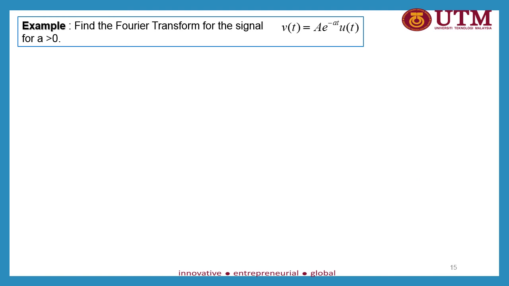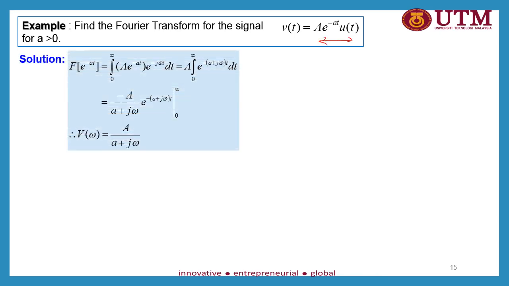Okay, let's have another example. Given the signal v(t) equals A e to the minus a t u(t), for a larger than 0, find the Fourier transform of v(t). If using the first method, you need to perform the integration.